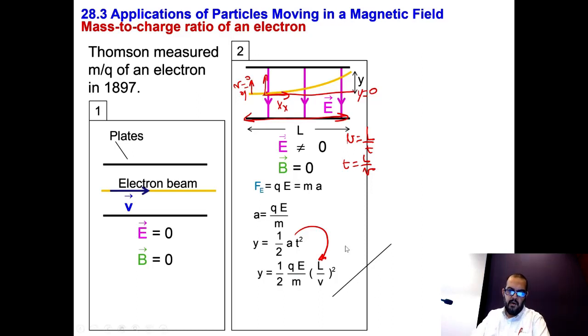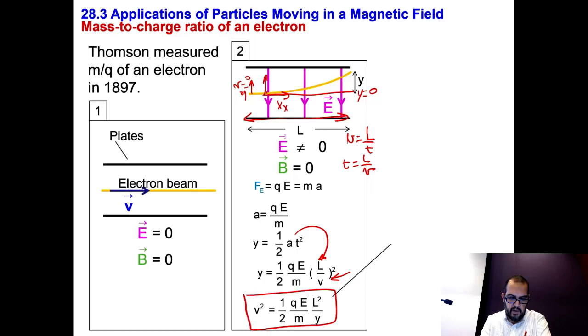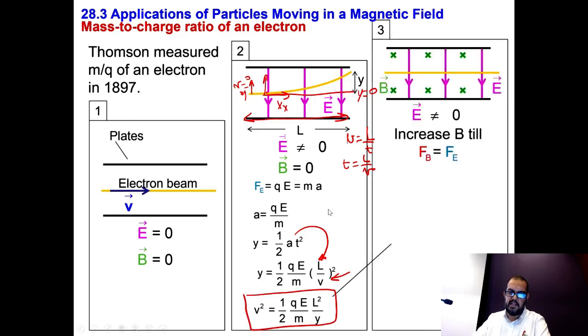Now what we're going to do, and this is what Thomson did, he applied the magnetic field. So this is an equation. From this we get v squared. Let's now apply the magnetic field.